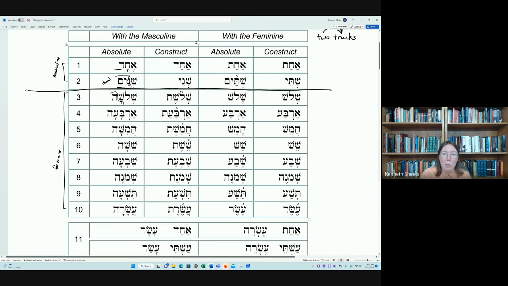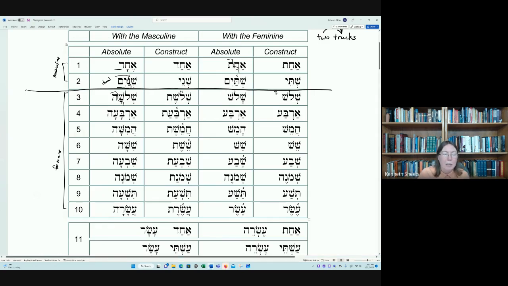The same thing as well applies when we come over to the feminine. Notice this. Number 1, when it's referring back to a feminine noun, is achath. And you can see what it is that they've done there. They've taken this triliteral root, echad, and they've added that feminine ath ending to it. So they've taken it and made it feminine.